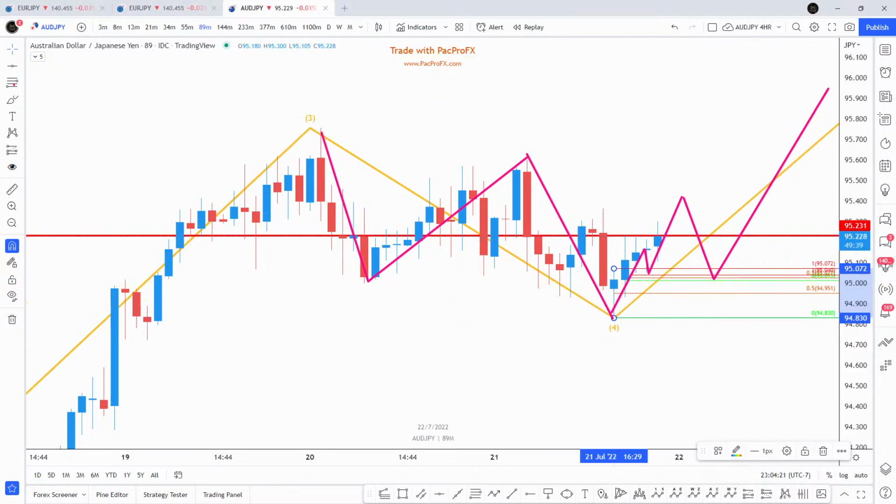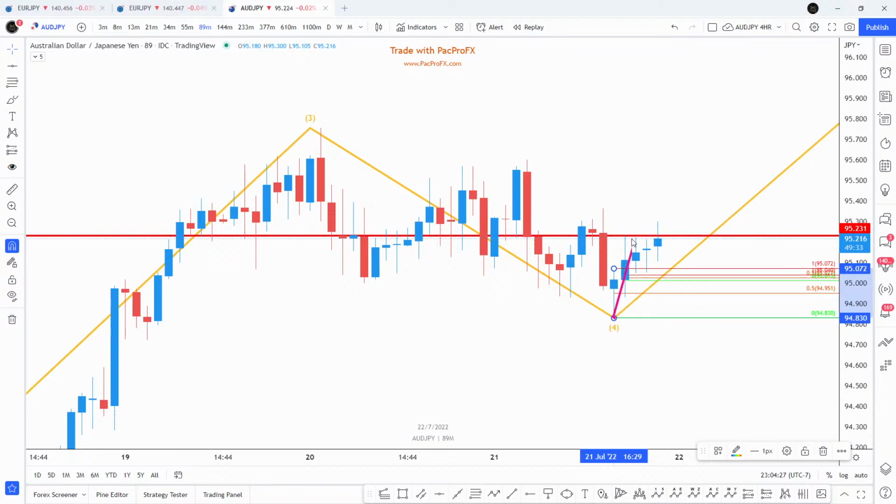So, A, B, C. And then this will end up, whatever it is, ABC pattern or 1, 2, 3 pattern, it will come down all the way down to here, to 94,951, and then after that it will turn around and rise from here.